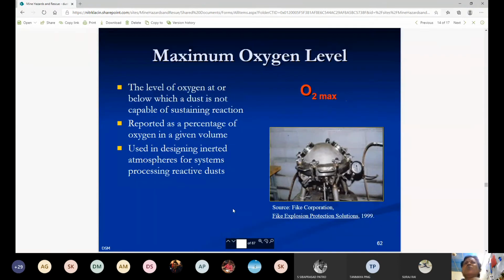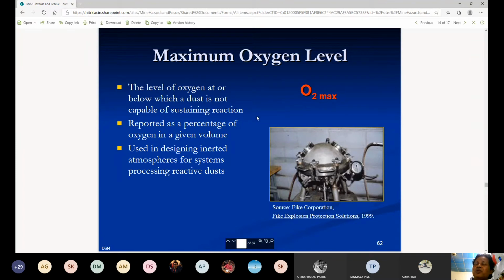Then what is the maximum oxygen level? You know that oxygen is necessary for the reaction to take place. So what is the maximum oxygen level necessary for the explosion to take place? It is the level of oxygen at or below which a dust is not capable of sustaining reaction. So you have to determine the maximum oxygen level.